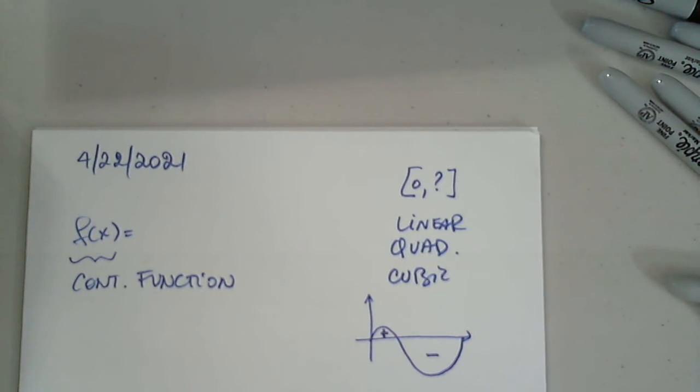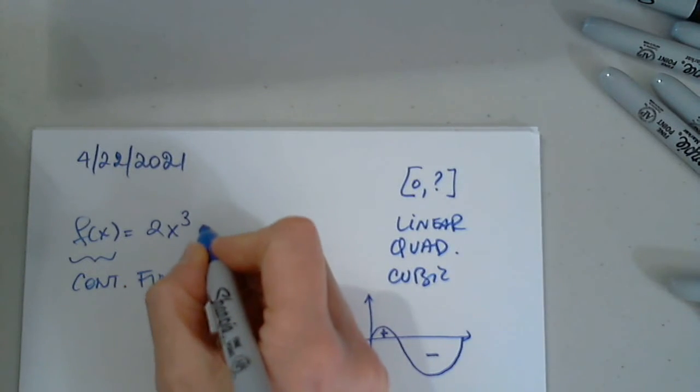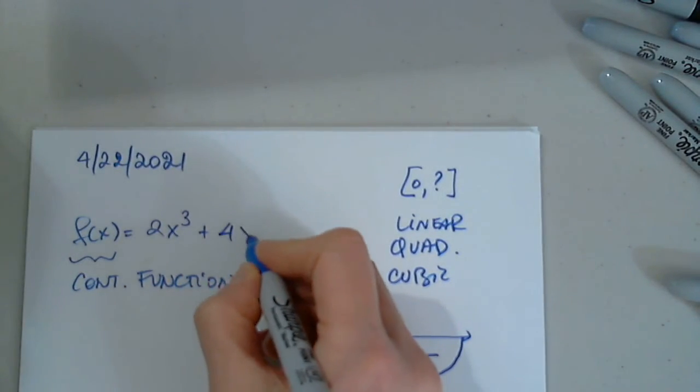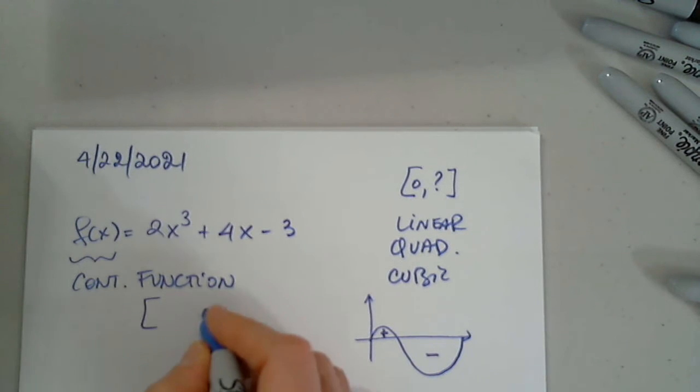Okay, can anyone make up a function? Linear, quadratic, or cubic? If not, I will. Okay, so let's say 2x cubed plus 4x minus 3. Any interval?